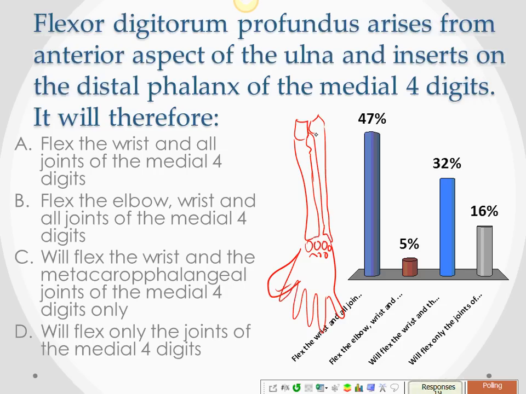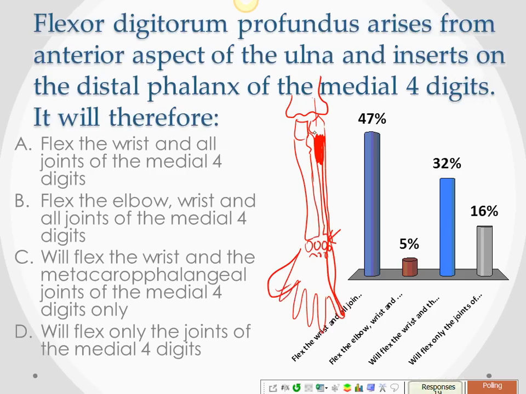I say it's arising from here. We don't know where, could be top, bottom, but anywhere. It's going all the way up to the distal phalanx. So you can see it is crossing the wrist. It's not crossing the elbow. In order to cross the elbow, it has to arise from the humerus.